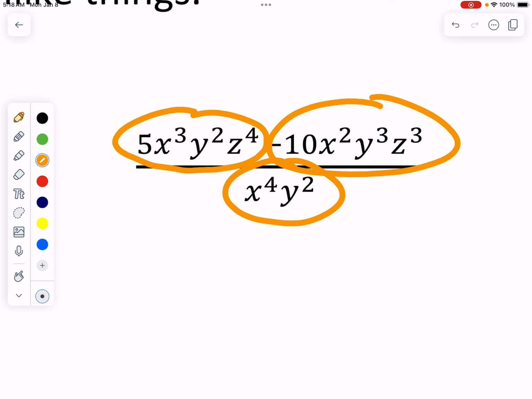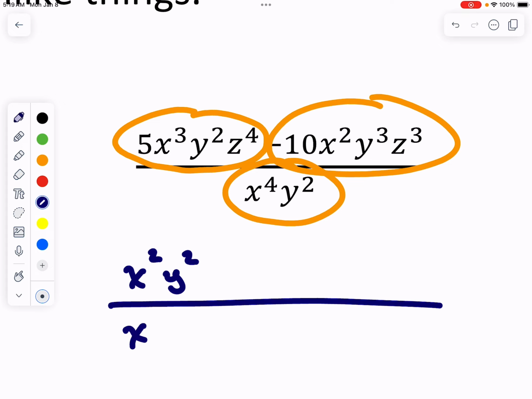Looks like each one has a couple of x's and a couple of y's. Not every term has the letter z, and not every term is divisible by 5. We can only take out the common factors. So I take out a couple of x's and a couple of y's out of the top and the bottom. Everything else just stays in the term that it came from.